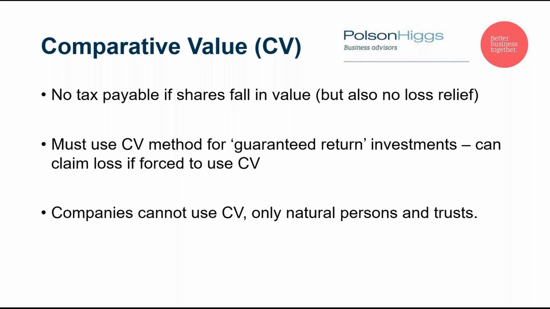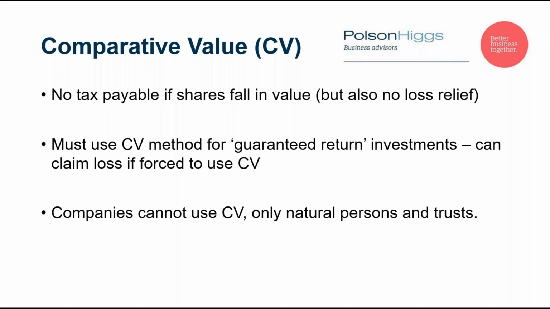That position has changed a little bit for certain CV shares where they are guaranteed return type investments. And we often refer to these as forced CV shares. And what are these kind of shares? They're shares where the foreign entity guarantees that we're going to get a return from them.